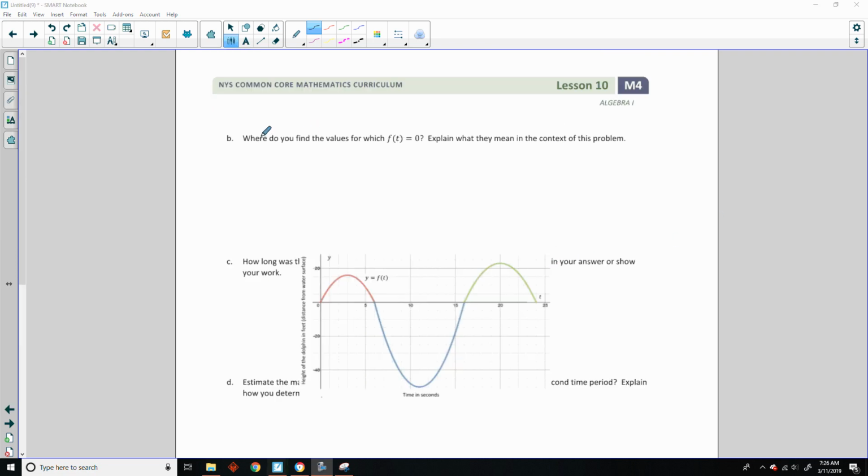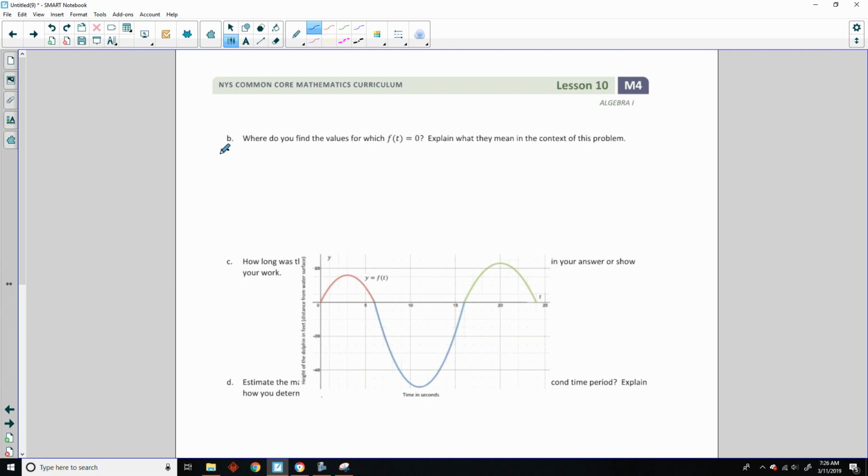Part b, where do you find the values for which f of t equals 0? Explain what they mean in the context of the problem. So the values for which f of t equals 0, y equals f of t is 0 at the 0-second mark.